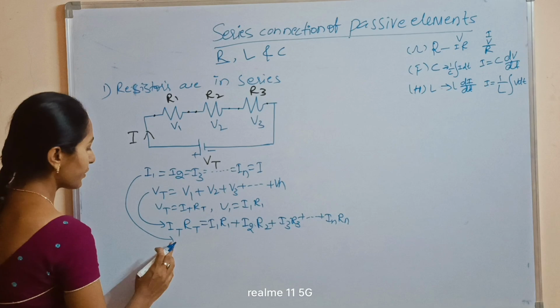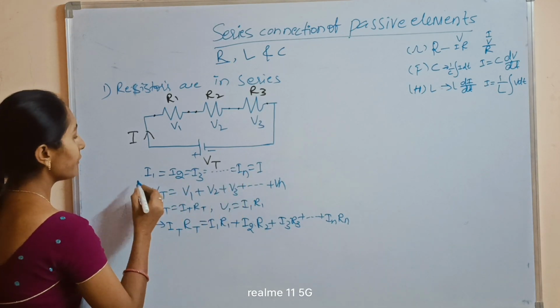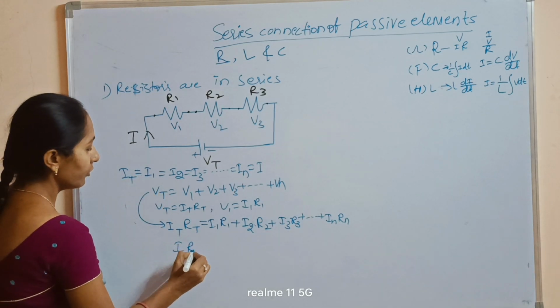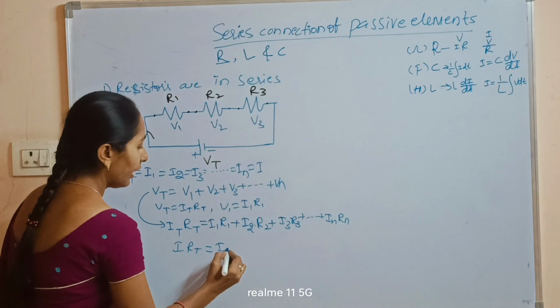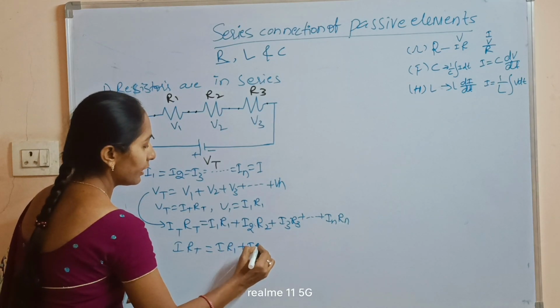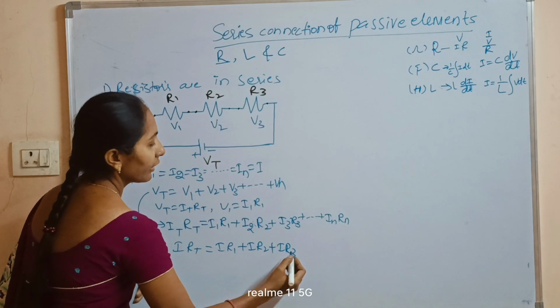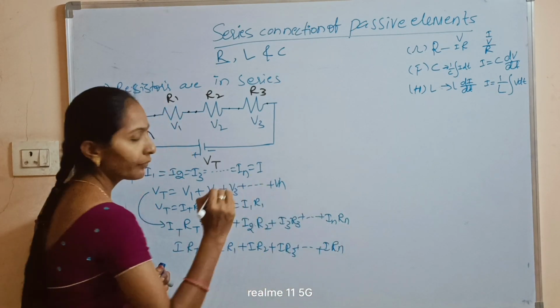Substituting in this expression, I total is just I. So that is I into R total. The right side is I into R1 plus I into R2 plus I into R3 and so on plus I into Rn.